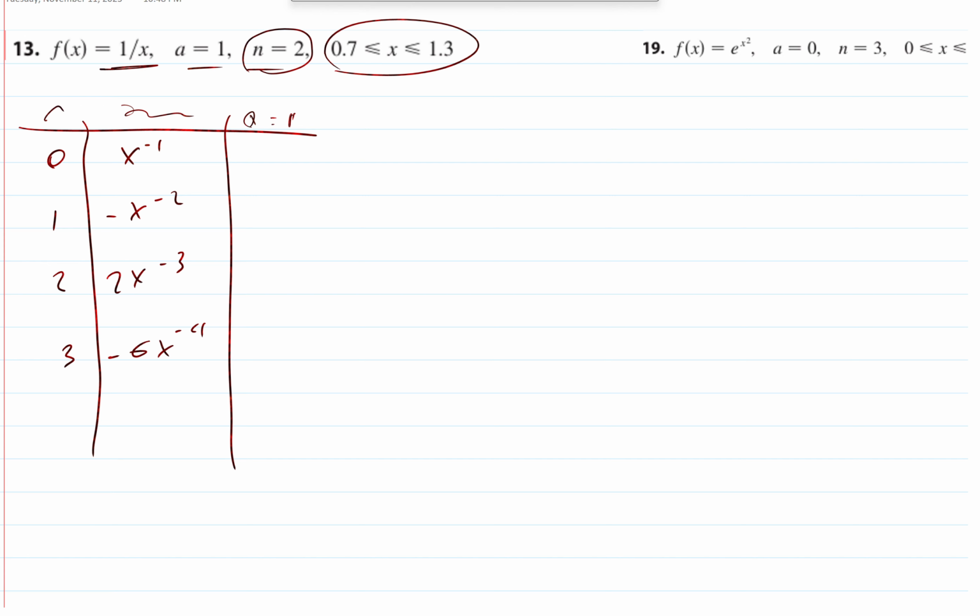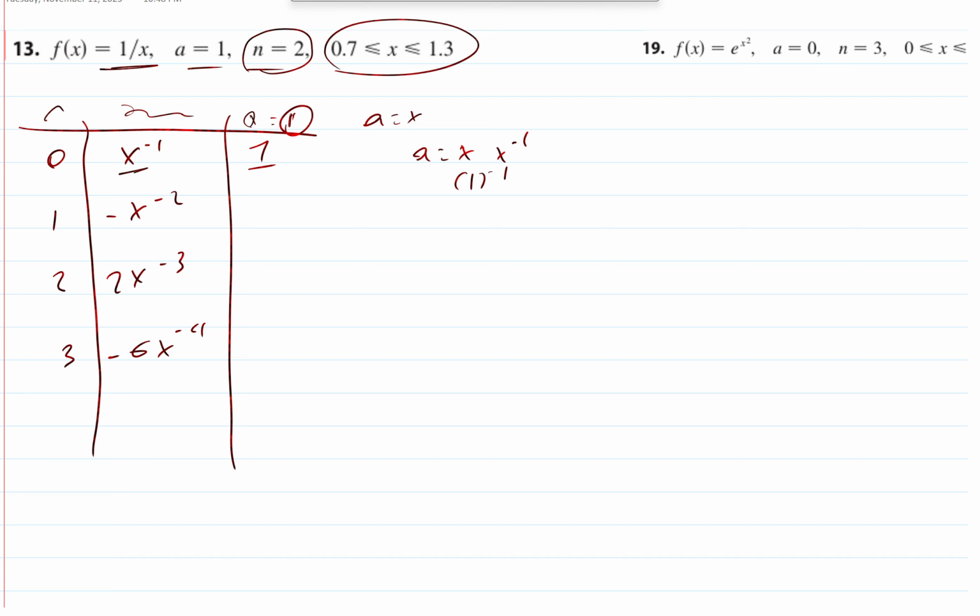That's what I thought when I first did this. Anyways, what do we have for this? It says a equals 1, so plug in a equals x. So 1 for x gives 1 to the negative 1, which is 1.